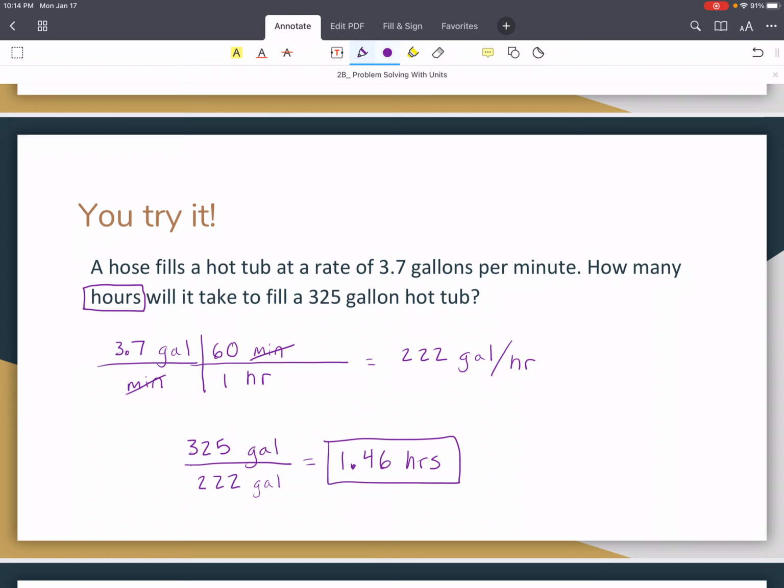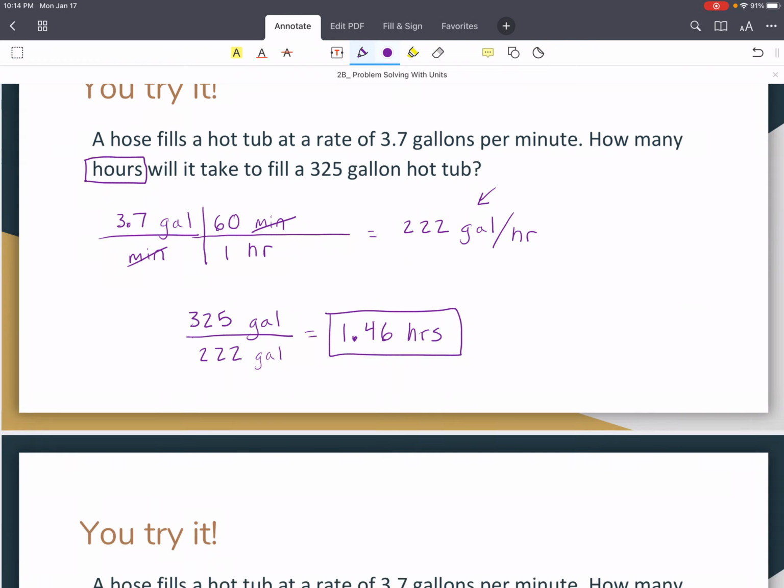Okay, yep. I was just trying to stay consistent with the railroad track thing, but I feel like you needed to get to this rate to then know, okay, I have 325 gallons. So I'm just going to divide it by that rate to get the hours.